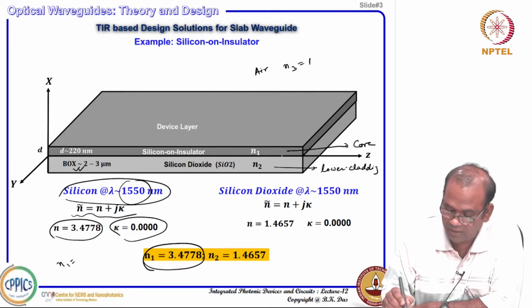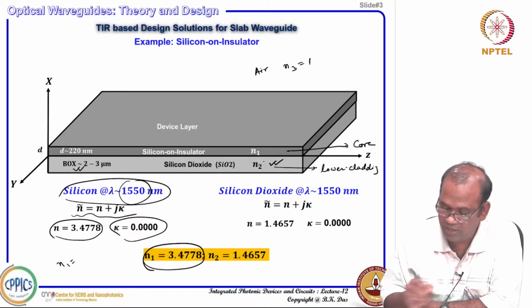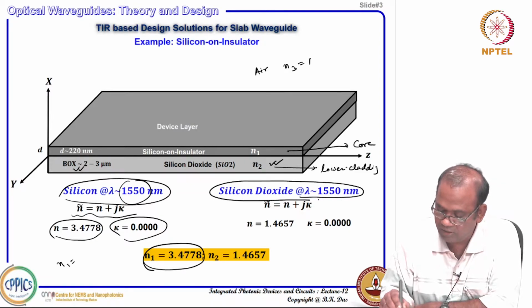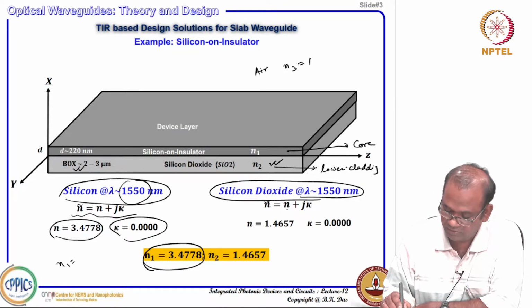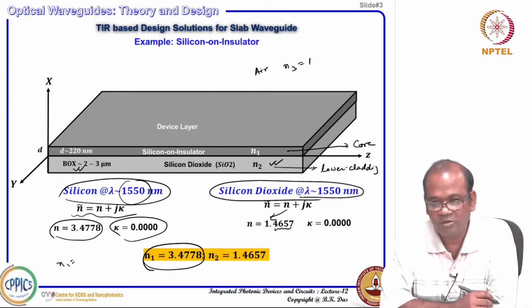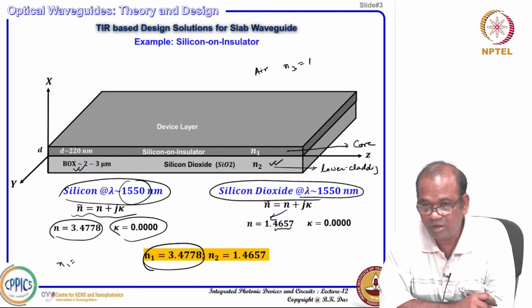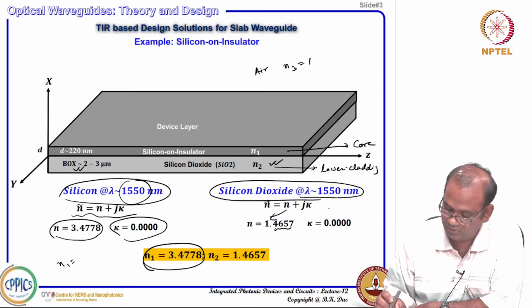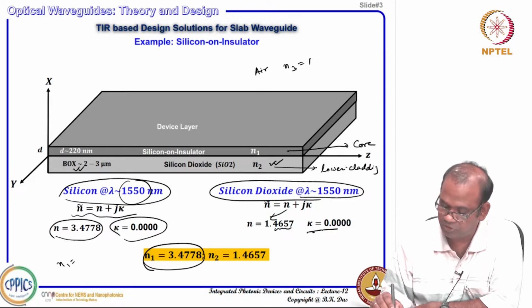Now, the silicon dioxide BOX layer you are using: at the same communication wavelength of 1550 nanometer, the real part of the refractive index is about 1.4657. I have used 4 decimal points because in most photonic devices the refractive index change matters even up to the 4th decimal point, which is very important and useful. And kappa is also 0, transparent.